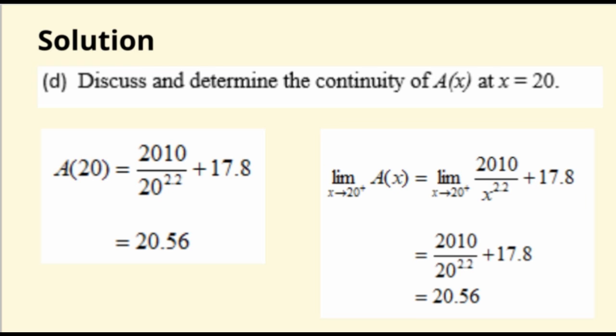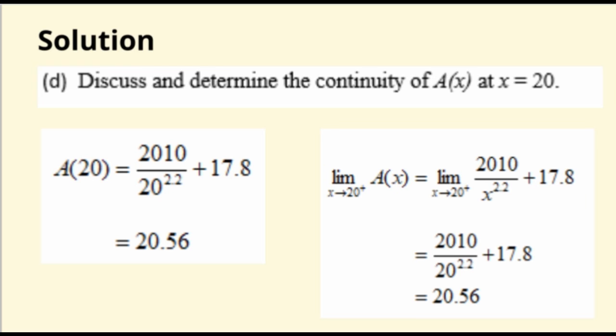For question D, discuss and determine the continuity of A of x at x equal to 20. The solution is A of 20 equals 2010 divided by 20 to the power of 2.2, plus 17.8. The answer will be 20.56.